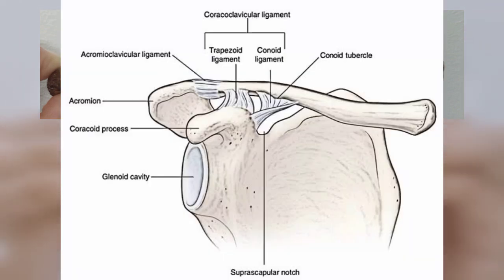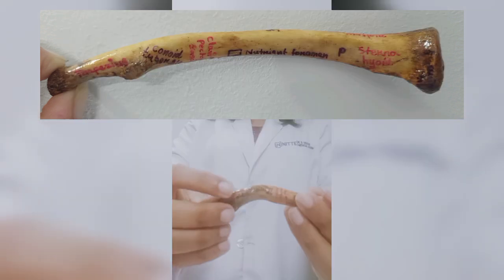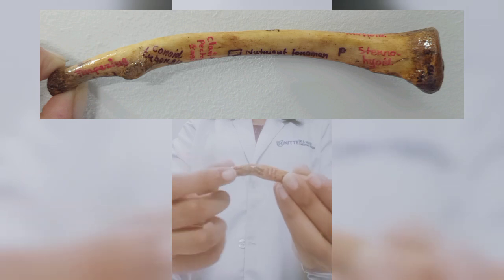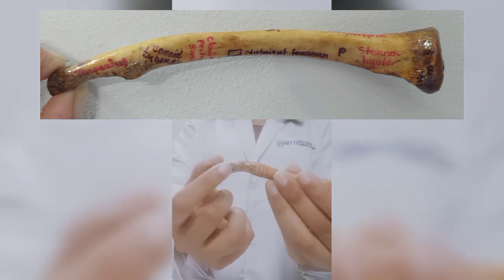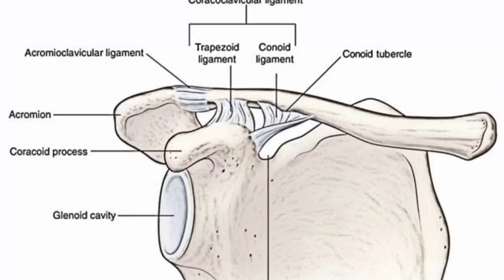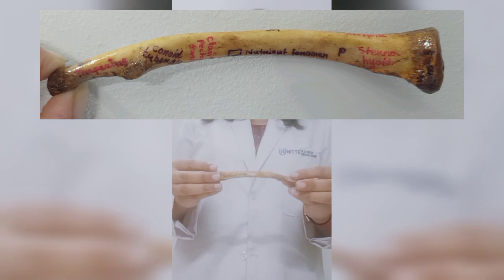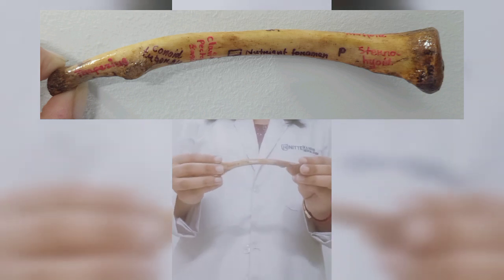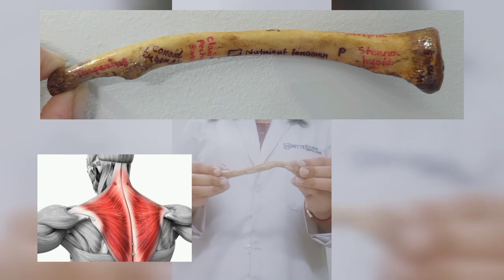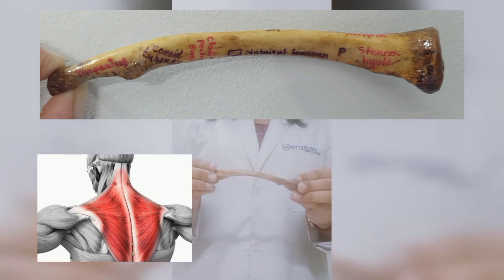Then there is one conoid tubercle, a part which is bulged out, where the coracoclavicular ligament joins. And in the lateral portion, trapezius muscle attaches.